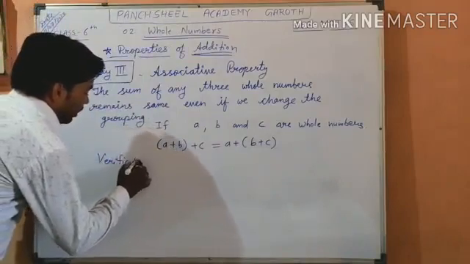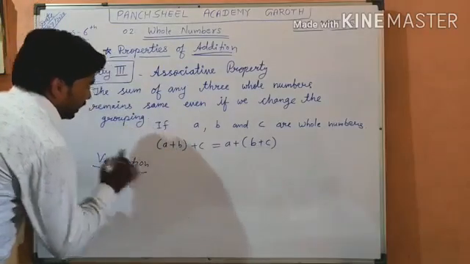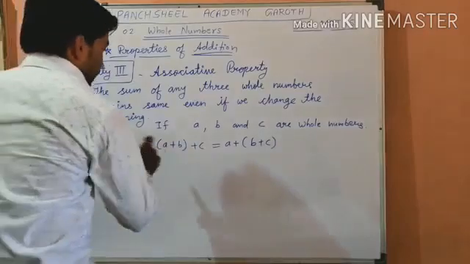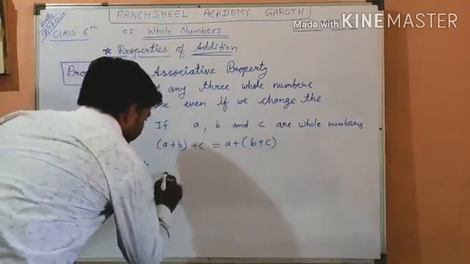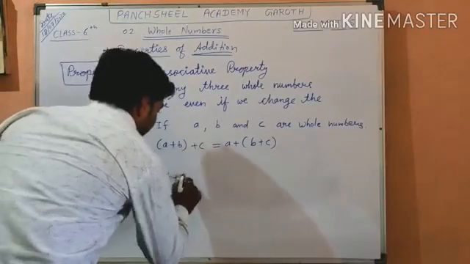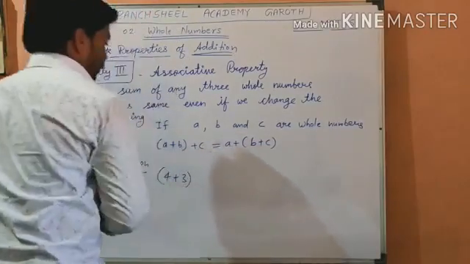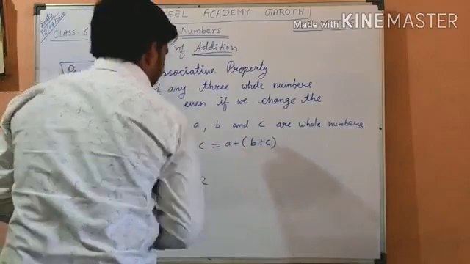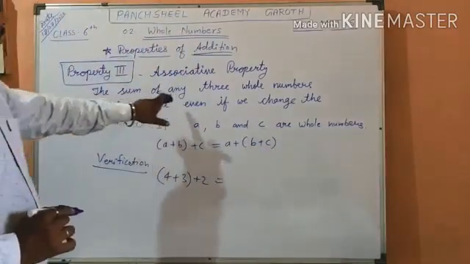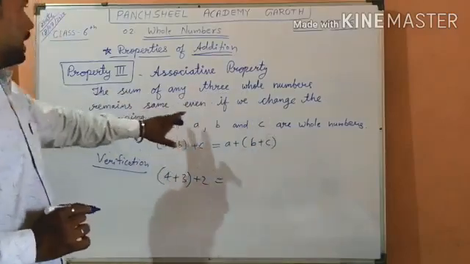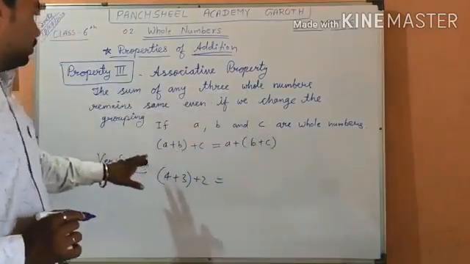We can take a verification here. Let's suppose A is 4, B is 3, and C is 2. The sum of any three whole numbers remains the same even if we change the grouping.